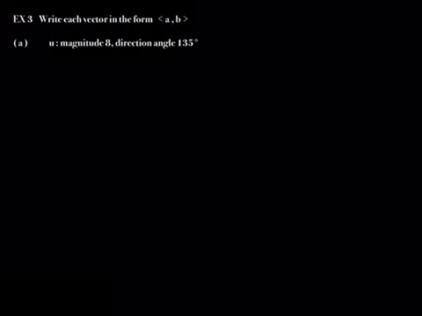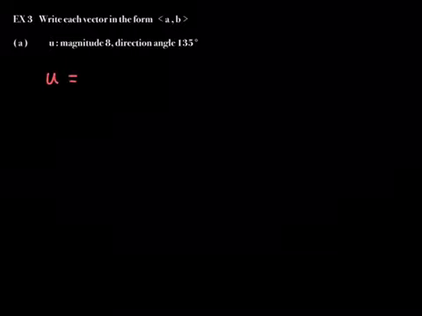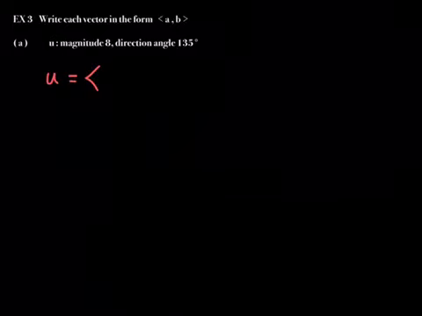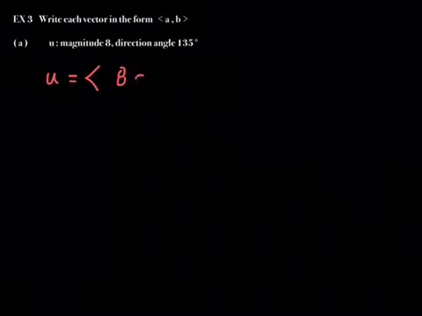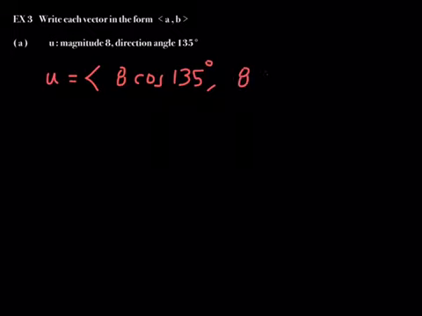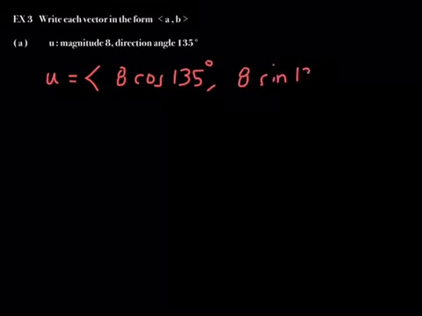So we know that vector u will have the horizontal component, we call it A, which is the product of the magnitude and cosine of the angle, comma, the vertical component will be the product of the magnitude and sine of the direction angle.